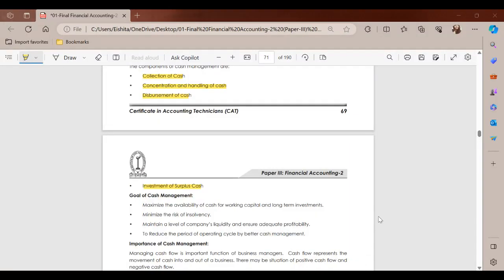Oh, the sheet has gone. So can you see the video? Is the screen visible to you? Can you see the screen now?